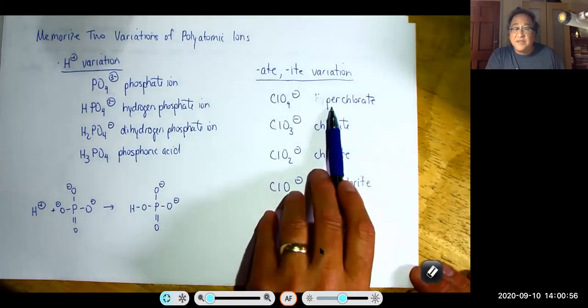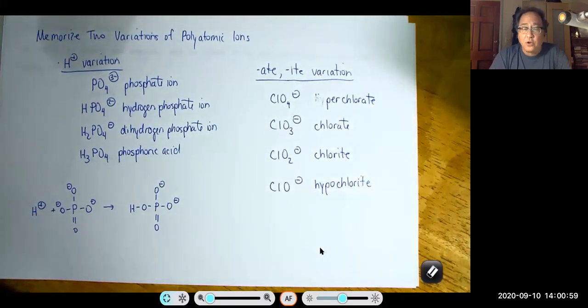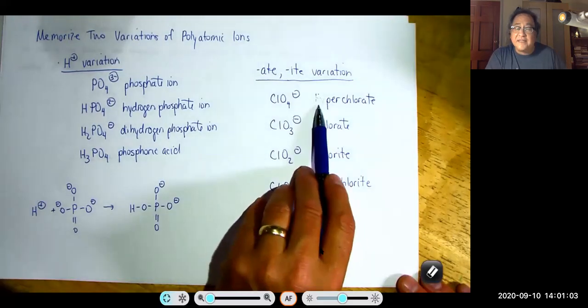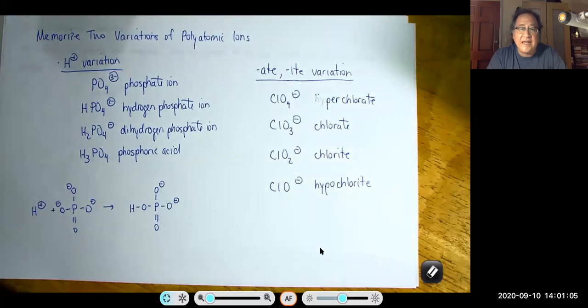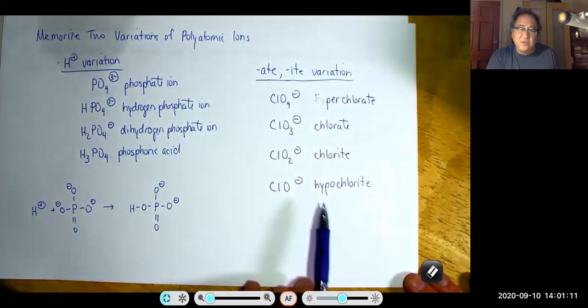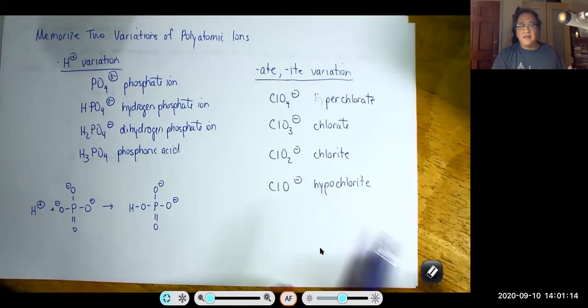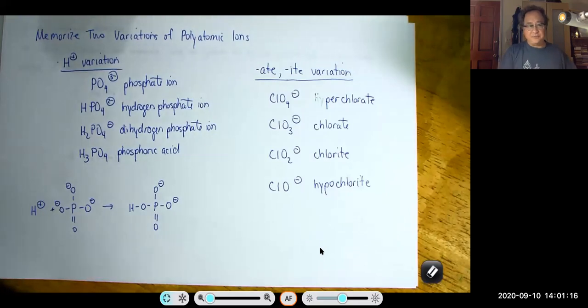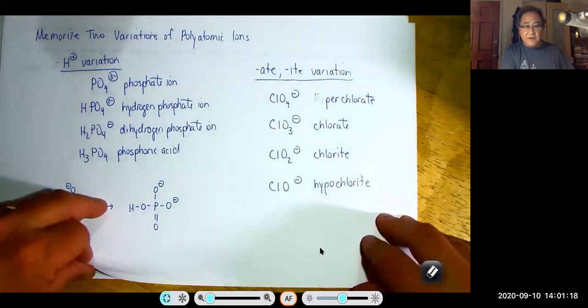Well, naturally, that seems like it should be hyperchlorate. But the hyper, you can see I've made it very faint, is not in the name. It's simply called perchlorate. And I think the reason why is because hyperchlorate sounds too similar to hypochlorite, and they're trying to distinguish between the two. So you should know both variations.